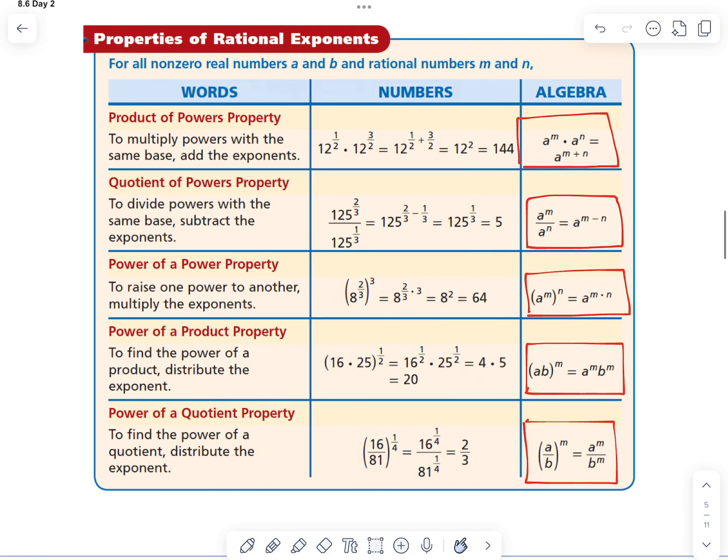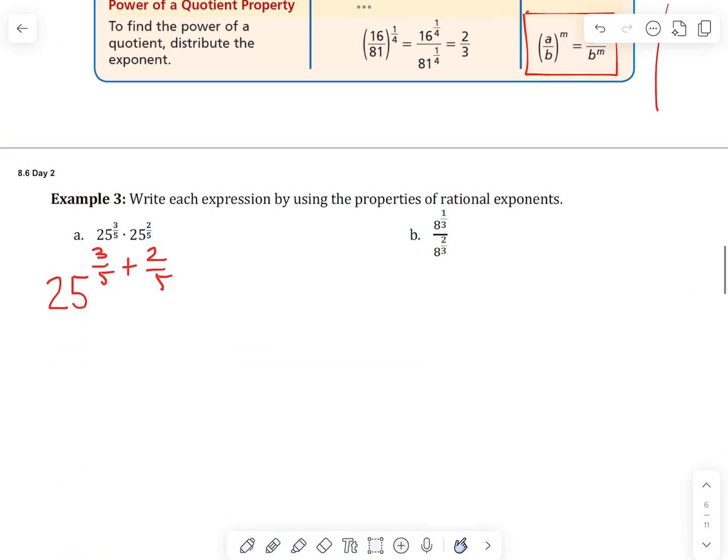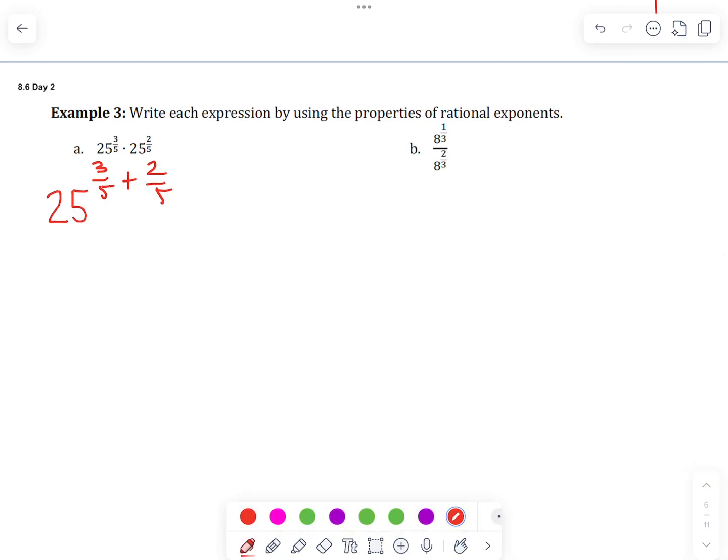The product of powers is what we're using, because the bases are the same, so we can go ahead and add those exponents. And then we're going to simplify those powers. So 3/5 plus 2/5 is 5/5. And then we're going to simplify the fraction. 5 divided by 5 is 1. 25 to the first power is 25.